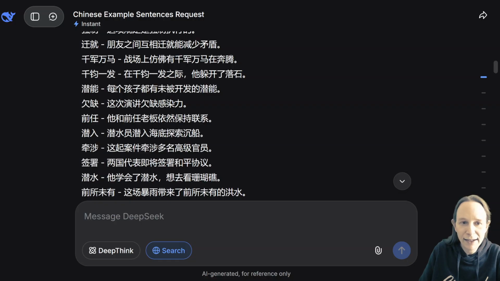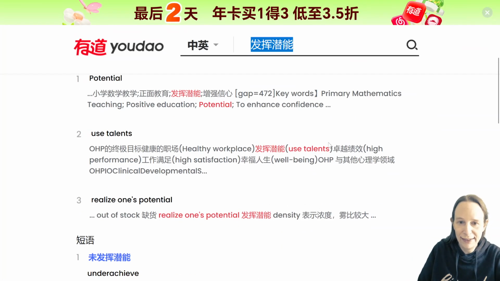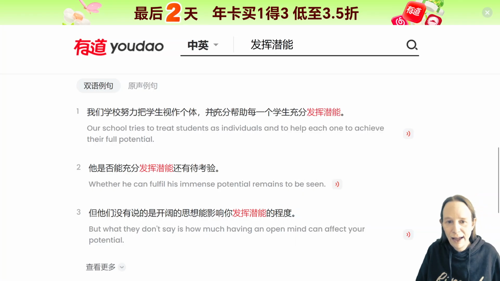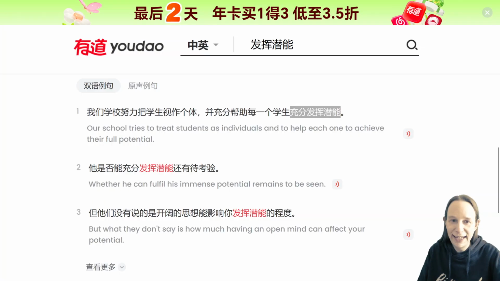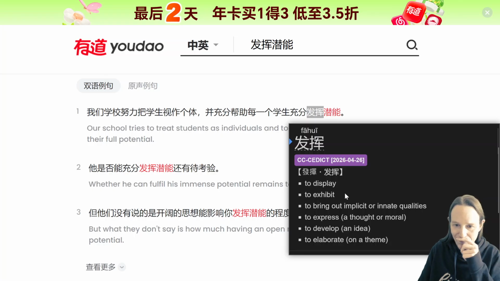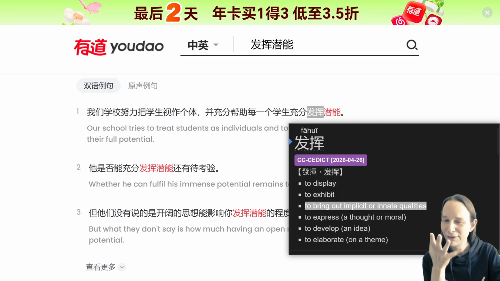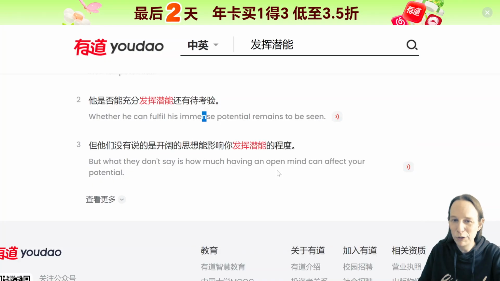So usually use it with 发挥. 每个孩子都有待开发的潜能, 开发 is develop. 发挥潜能, this one I think. 并充分帮助每个学生充分发挥潜能, so fully develop their potential. 发挥 is more like exhibit, realize, or bring out, fully bring out their potential. 是否能充分发挥潜能？还有待考验. It remains to be seen whether or not he can do this. 有待考验, remains to be put to the test, really.